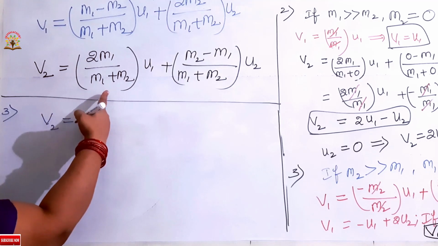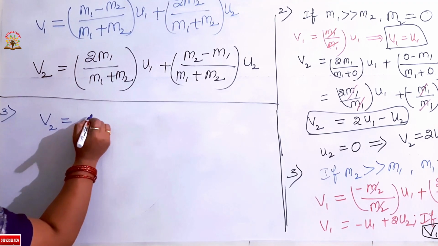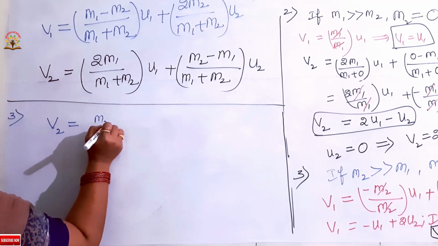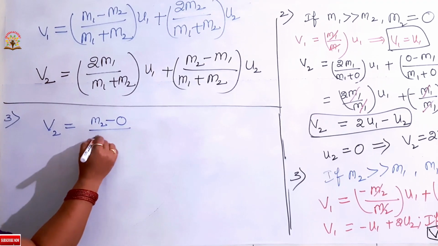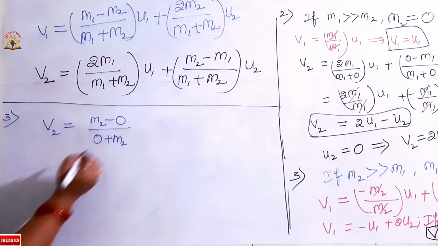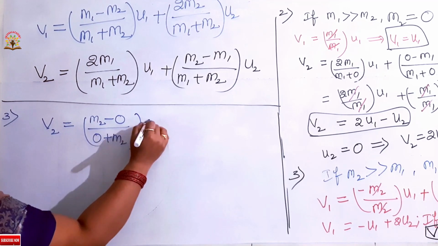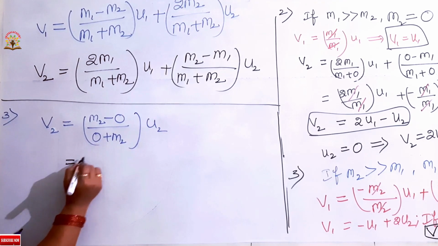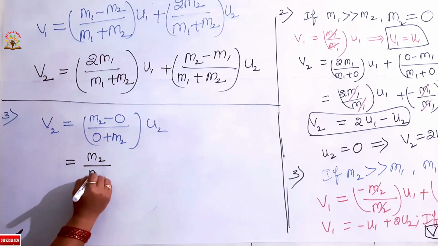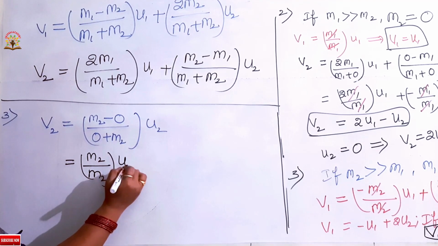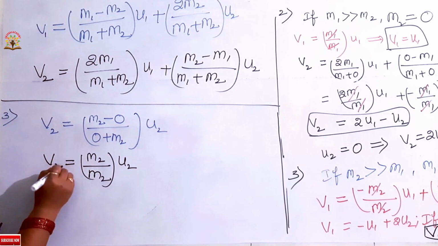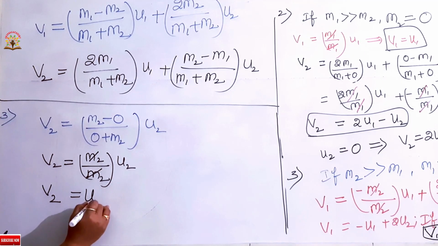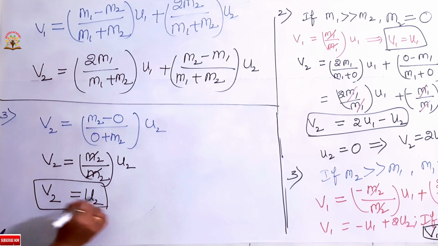Substituting m1 is equal to 0 in this equation, the entire term is 0 and this is m2 minus 0 by 0 plus m2 of u2. Then this becomes m2 by m2 of u2. Then what is the expression for V2? m2 m2 cancel. V2 is equal to u2.